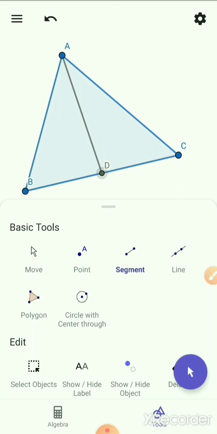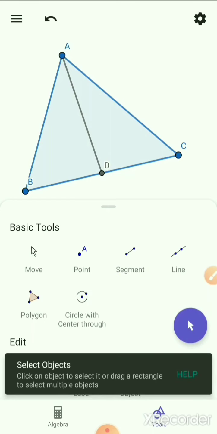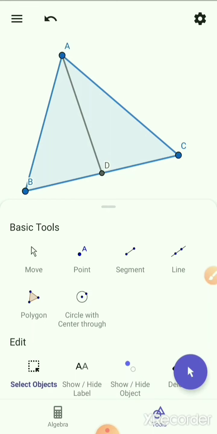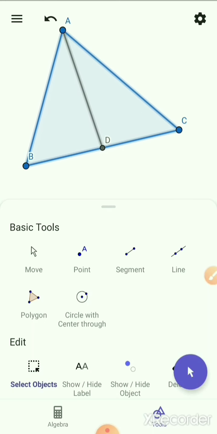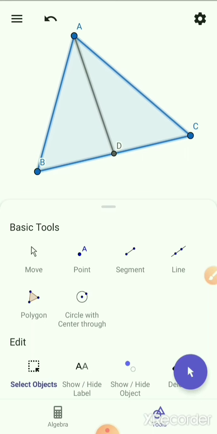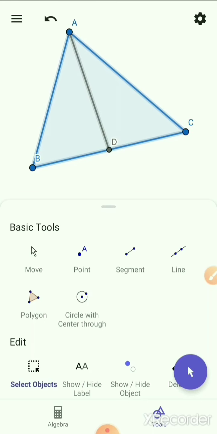So I can say AD is the median of BC. Now let's take the second side. This is my triangle, and we have drawn a median of BC.